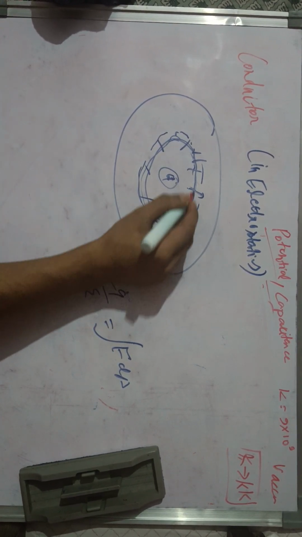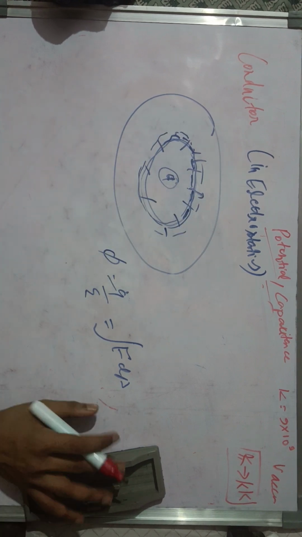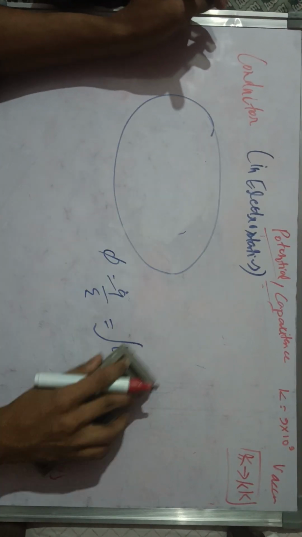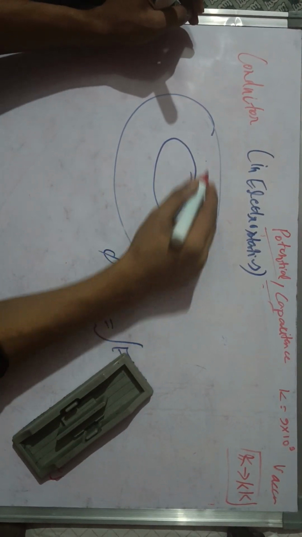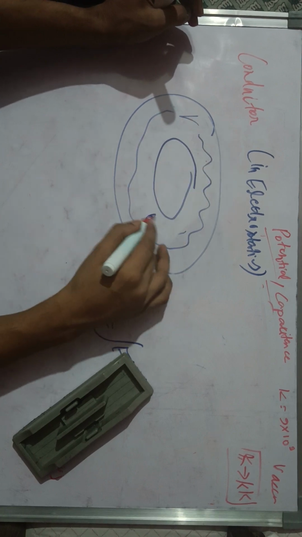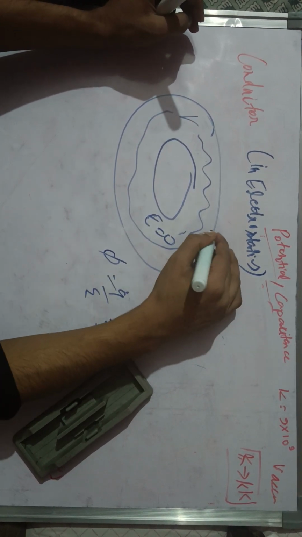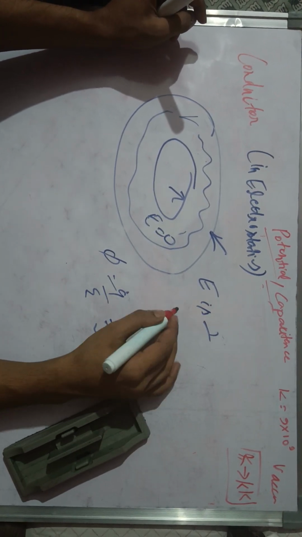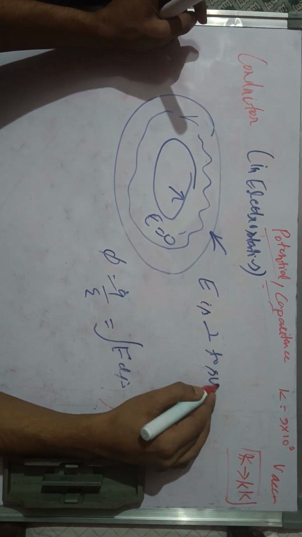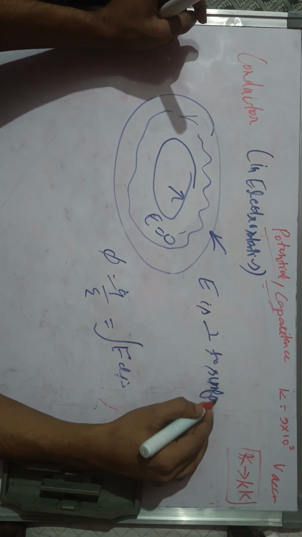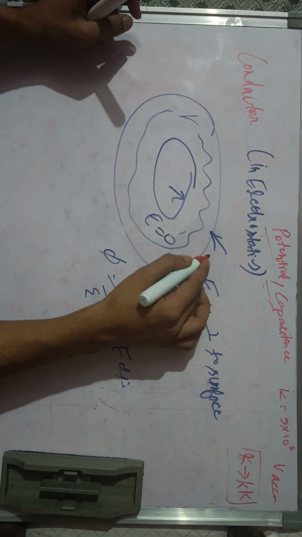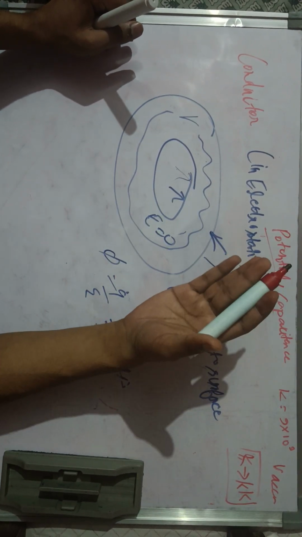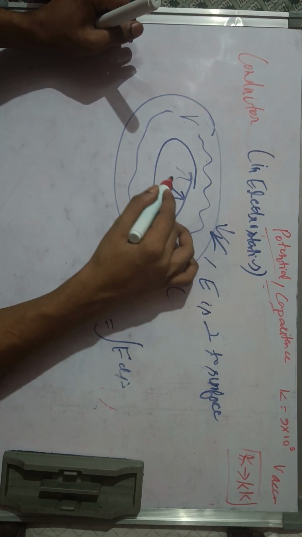So at these locations there must be some electric field, and there can be electric field because we know that inside the conductor the electric field must be zero, but at this surface and at this surface the electric field is perpendicular to the surface, at the outer surfaces like this, the surfaces of the conductor which are exposed to the outer medium, let's say this surface or this surface.